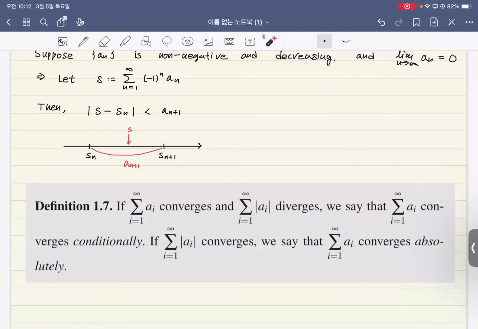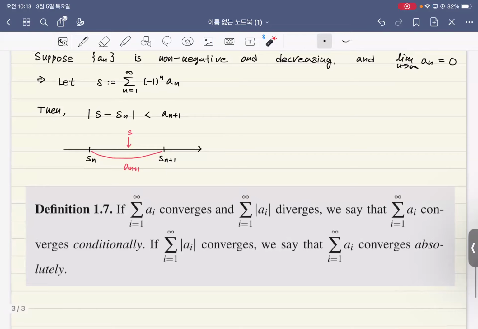In such cases, we say the series is conditionally convergent. However, if this series is convergent, then we know the original series is also convergent because of the first theorem in today's lecture, right? So if this is convergent, we say the original series is converging absolutely. In other words, we say it is absolute convergence. So absolute convergence is an even stronger condition than regular convergence, right?